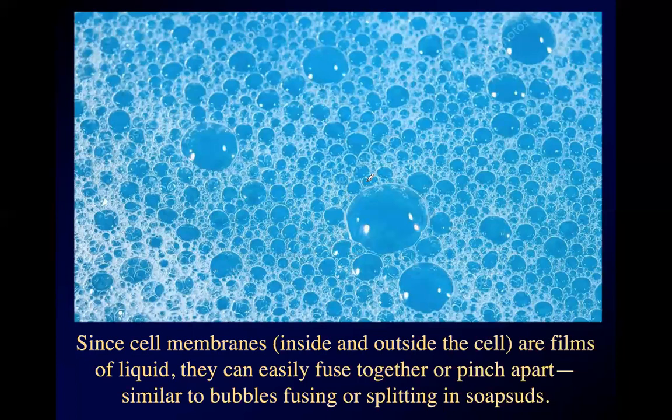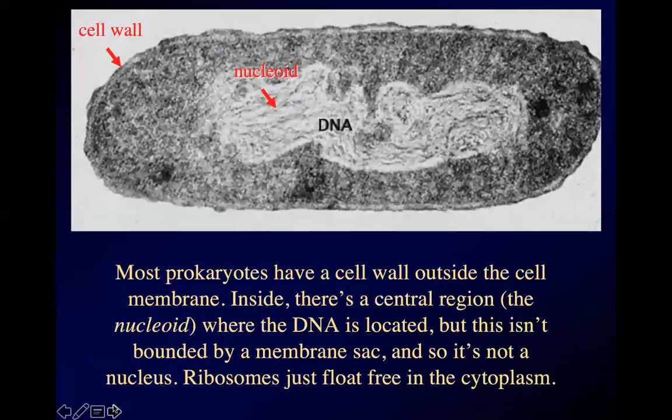They're able to divide and in some cases fuse, and structures inside them can divide and fuse and bud off and rejoin and all that because they're bubble-like liquid films. So there.